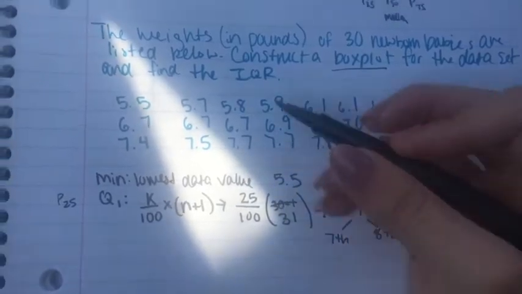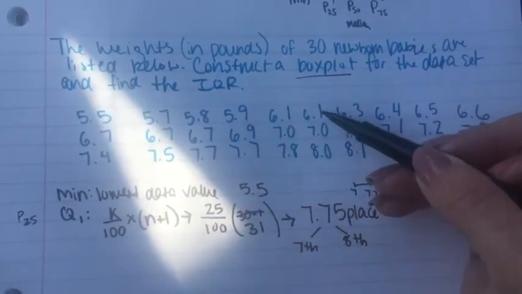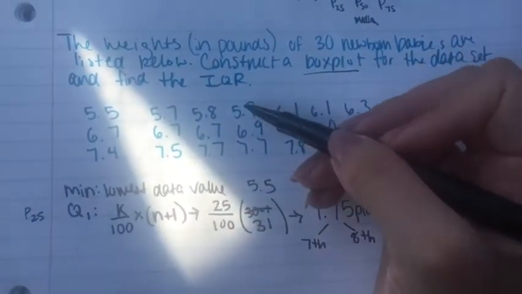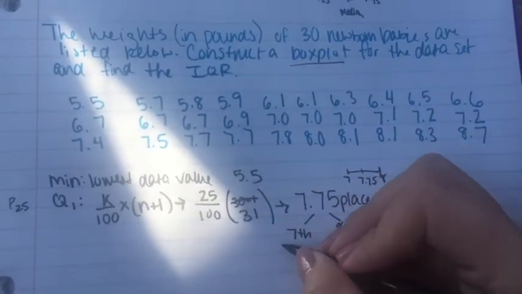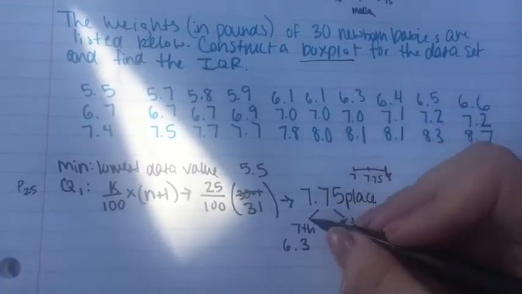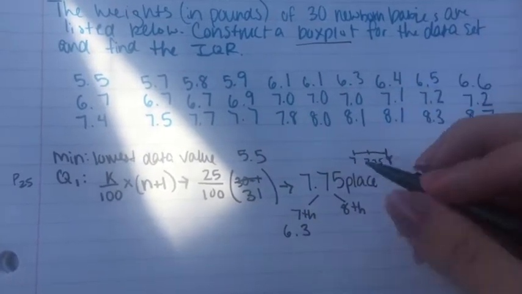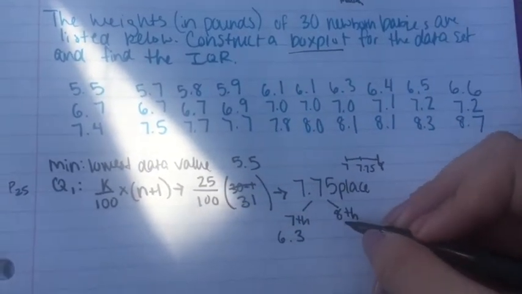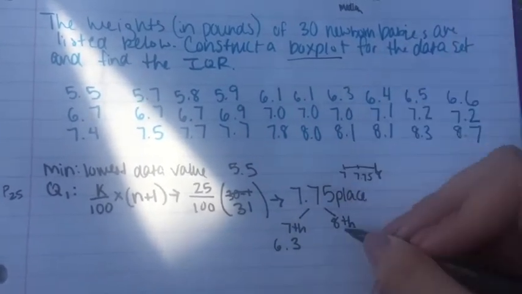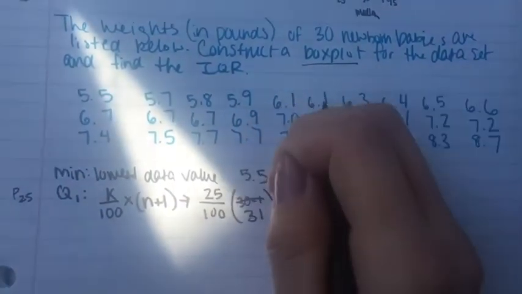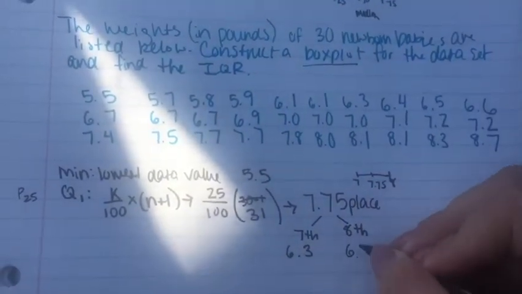So I'm looking at the 7th place, so 1, 2, 3, 4, 5, 6, 7. And I get 6.3 because you have to replace this place with the number from your data set. And then I'm going to have my 8th place, which is 1, 2, 3, 4, 5, 6, 7, 8, 6.4.